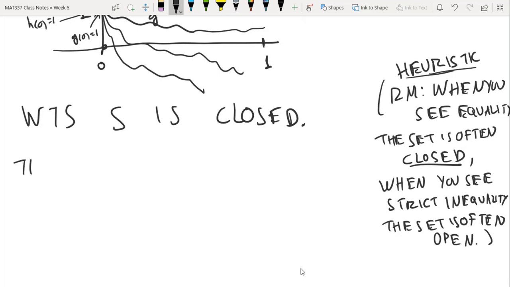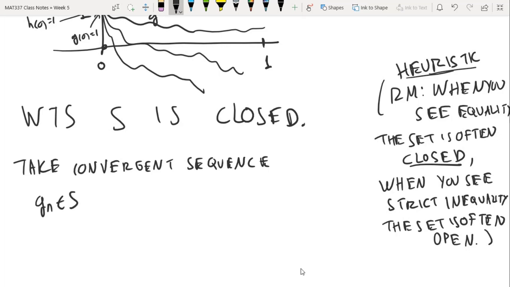That means take a convergent sequence. How do you say it? g_n in S, such that g_n goes to g in the continuous functions.